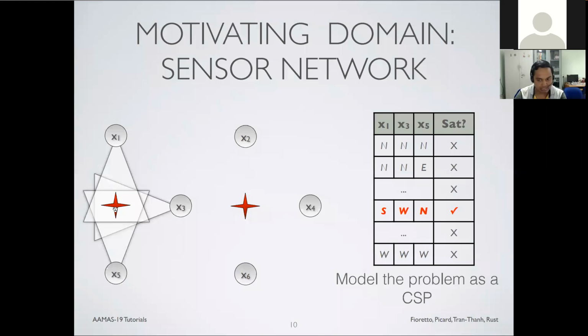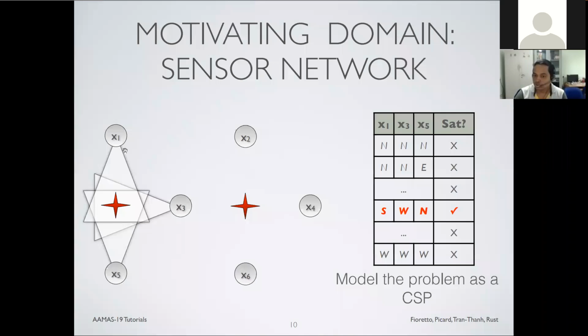All the portion of the target will be covered. Using X3, this portion of the target will be covered. For X1, this portion will be covered. For X5, this portion will be covered.